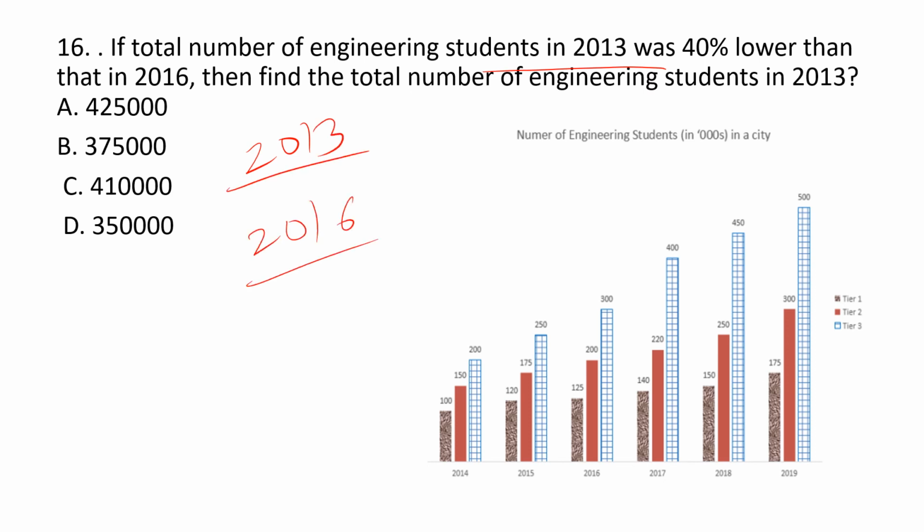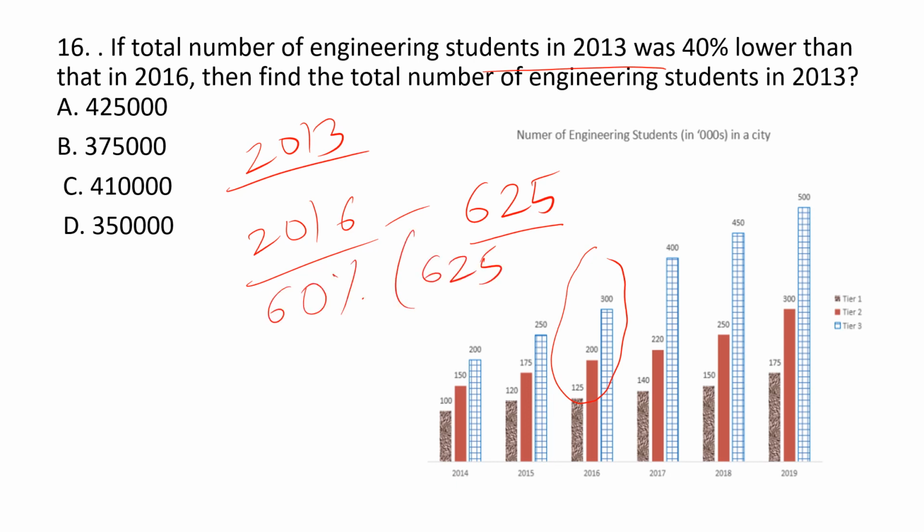What is the figure in 2016? 300 plus 200 plus 125, 625 students in 2016. In 2013, 40% lower than in 16. 40% lower than 100 is 60%. So 60% of 625 is the answer. Simply multiply 625 into 0.6.